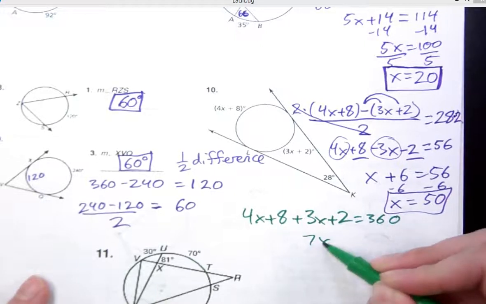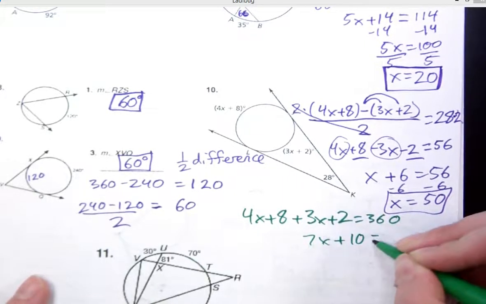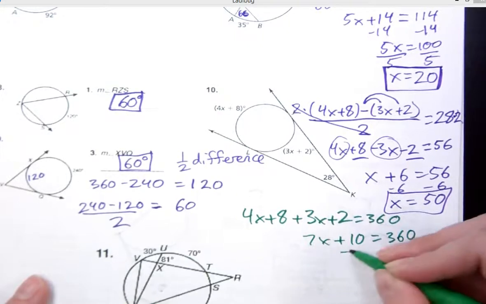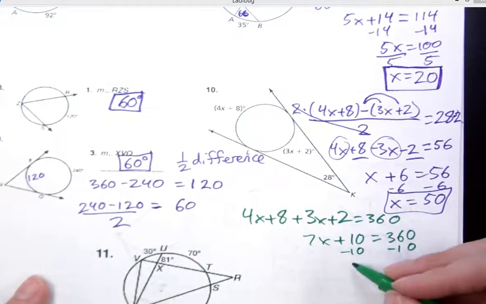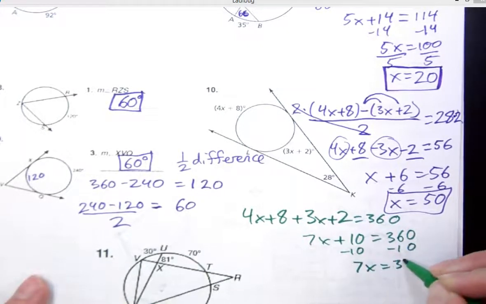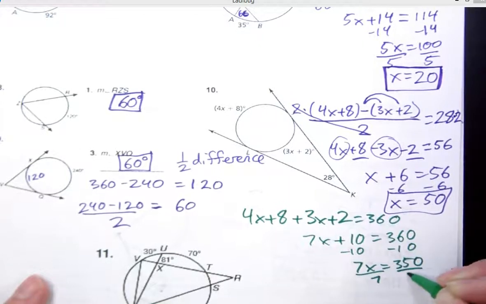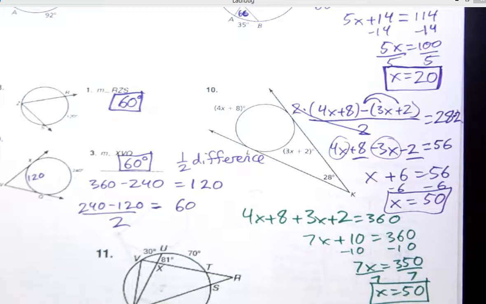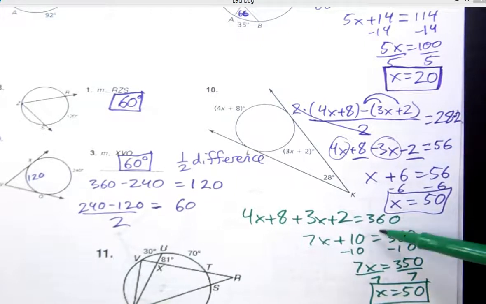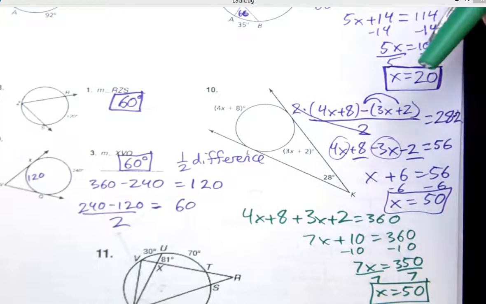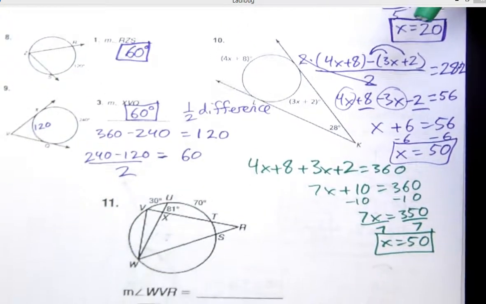And so then you have 7x plus 10 equals 360. 7x equals 350. Divided by 7, x equals 50. Which way do you think is easier? I think you're right. So there were really ones, though, that you'll have to set up this way just from the information they give you, but that is an easy way if you have enough information to set that up.